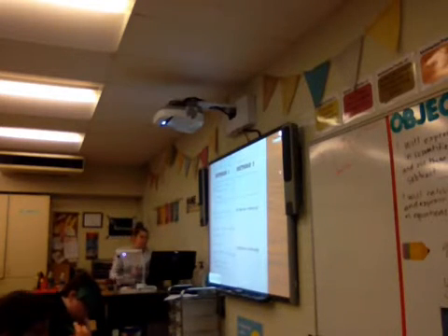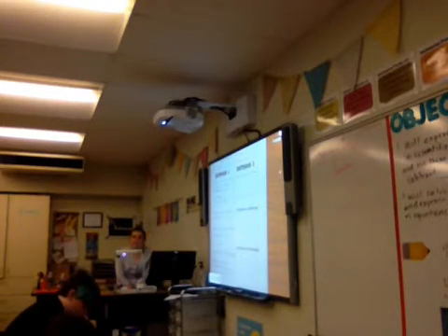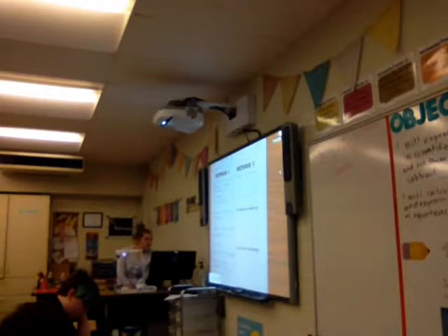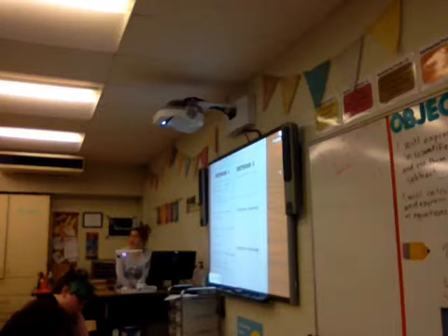So to find the x-intercept, that goes on this little part right here. Plug in 0 for y, and solve for x. To find the y-intercept, plug in 0 for x, and solve for y.